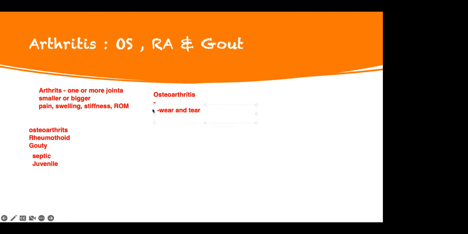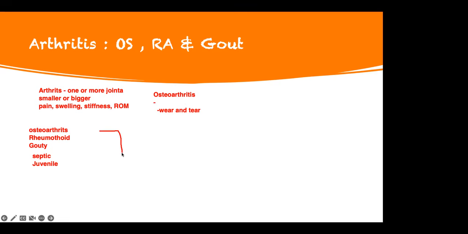That's all. So as you age, you get older, you use the joint too long, you don't take care of it, well, it breaks down. And then you start having pain. That is what osteoarthritis is. Basically, the joint has cartilage.